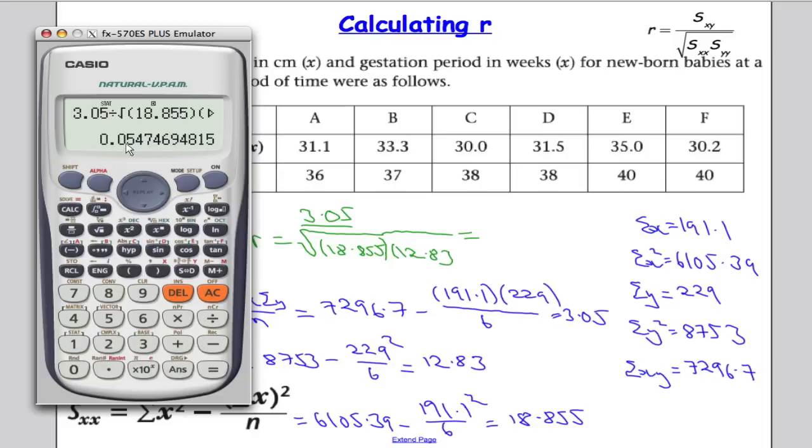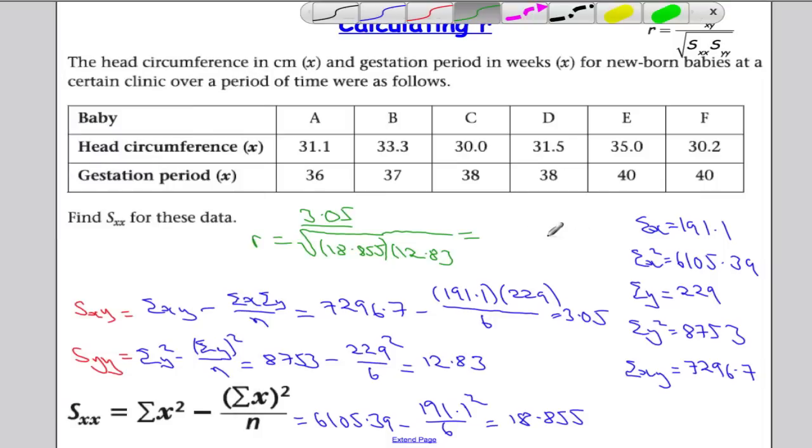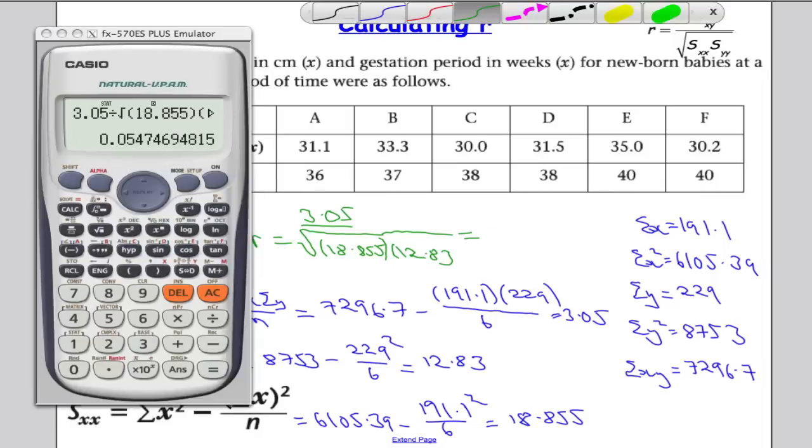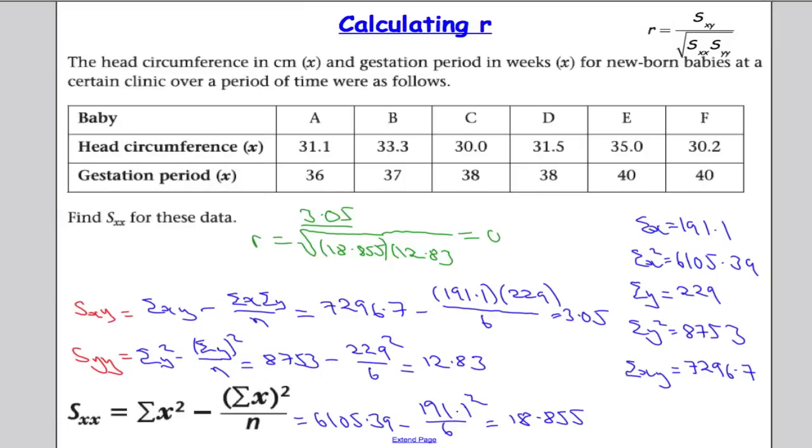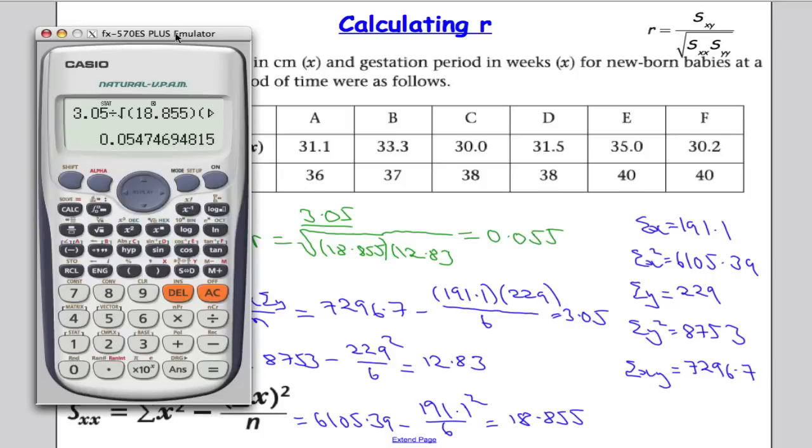Hopefully this works. 0.05. In fact, let's give this to 3 sig fig now. 0.055. Now another thing to note is that your calculator will actually do this for you.